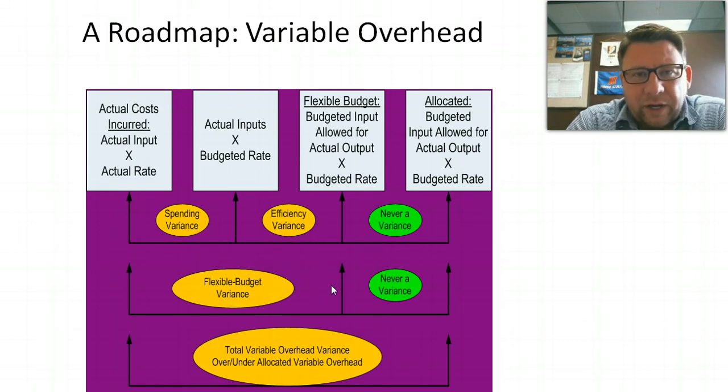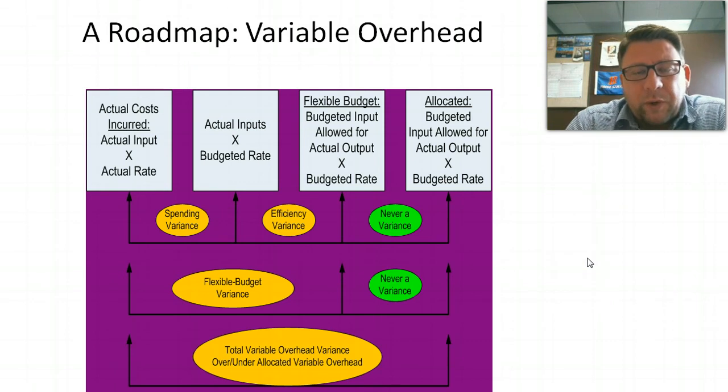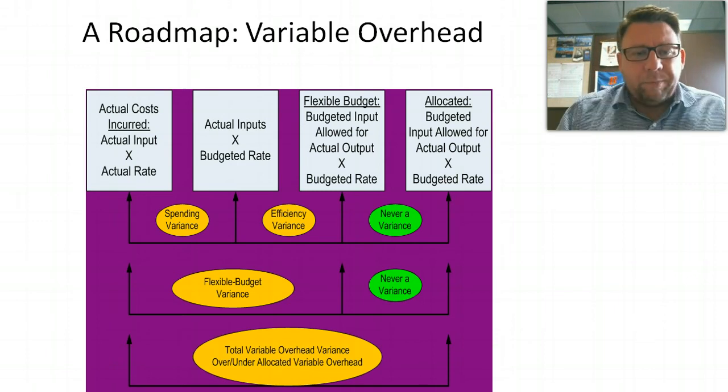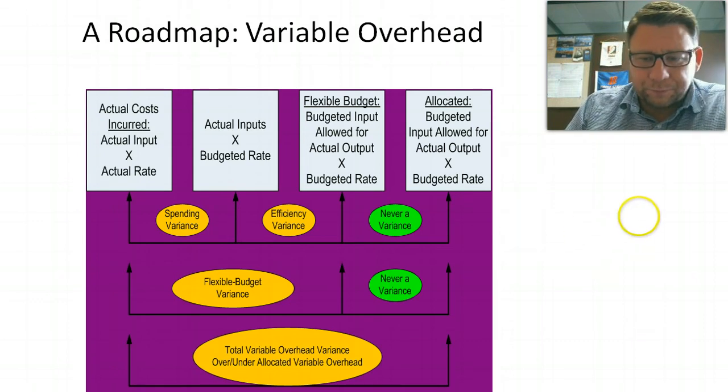So the variable overhead cost is very similar to what we did for the price and efficiency variances for direct materials and direct labor. Next week, when we do the fixed overhead variances, those are actually much more complicated and a little bit different than these other three, which are fairly similar.